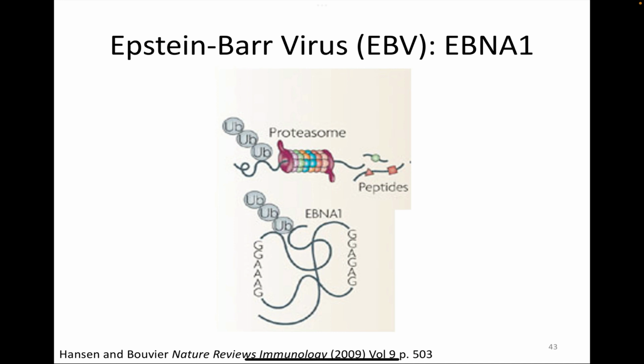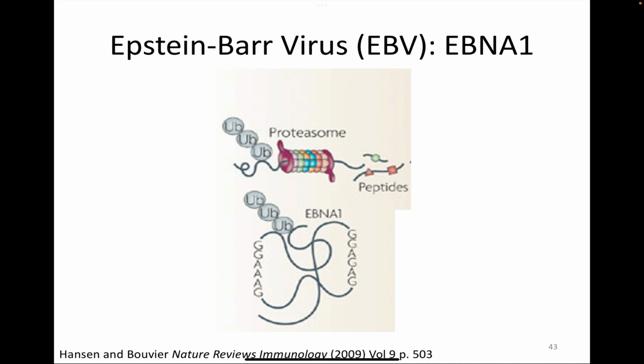So one virus is Epstein-Barr. This is the causative agent of mono. Epstein-Barr has this protein called EBNA1 that it makes a ton of. And so you could imagine it would be on lots of MHC turning on lots of T cells. EBNA1 has these long stretches of glycines and alanines, and it can't actually go into the proteasome.